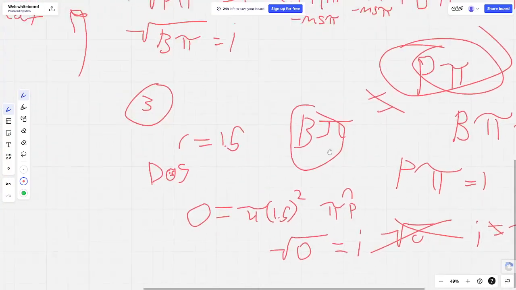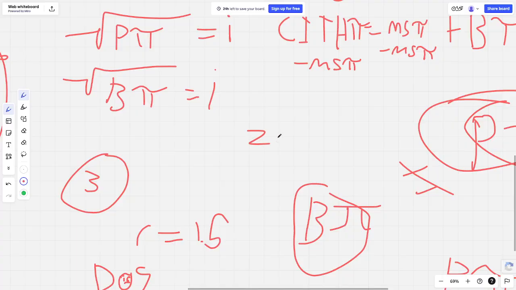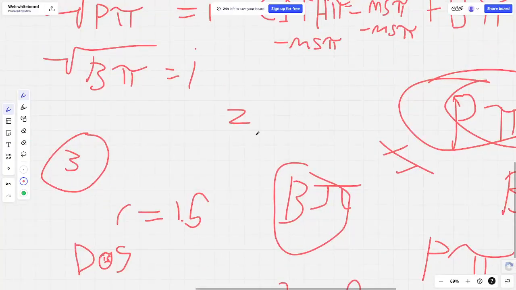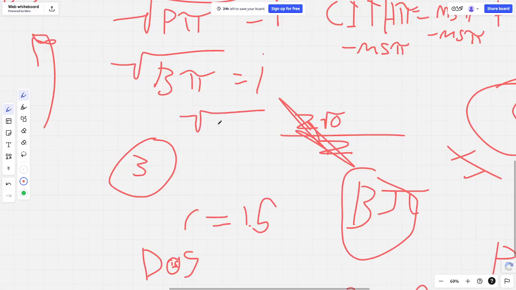So now what you can do is you can say 2, using this formula, 2 times the square root of a circle divided by 2, which you cancel this, which is the square root of a circle. And we know the area of a circle is the square root of a pumpkin pie.